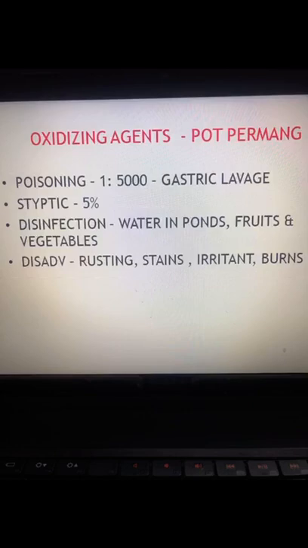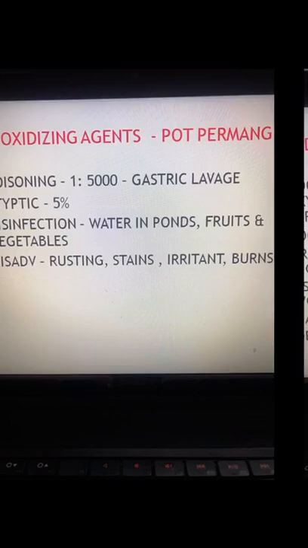And then it is used as a disinfectant for inanimate matter, like for water in ponds, fruits, and vegetables. And disadvantages of potassium permanganate is it causes rusting, it stains because of the purplish color, and it is irritant to the skin, and also being caustic it can cause burns.